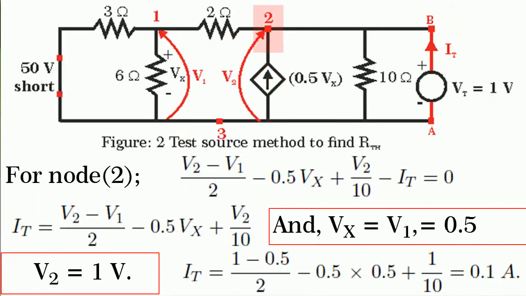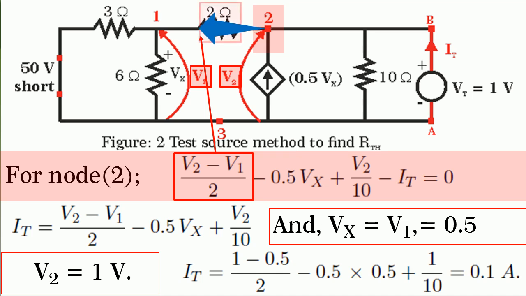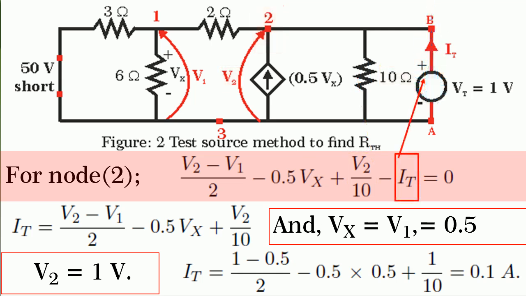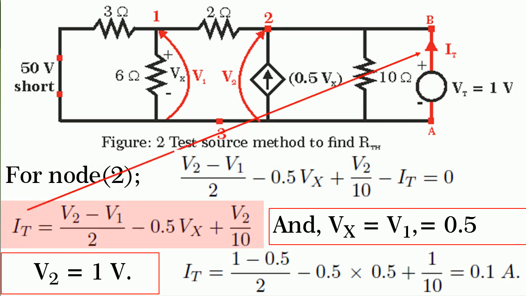Now, by writing the Kirchhoff's current equation for node 2, we get (V2 minus V1) by 2 minus 0.5 Vx plus V2 by 10 minus It is equal to 0, or It is equal to (V2 minus V1) by 2 minus 0.5 Vx plus V2 by 10.